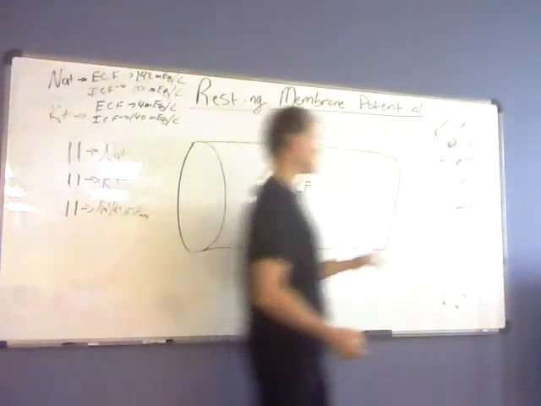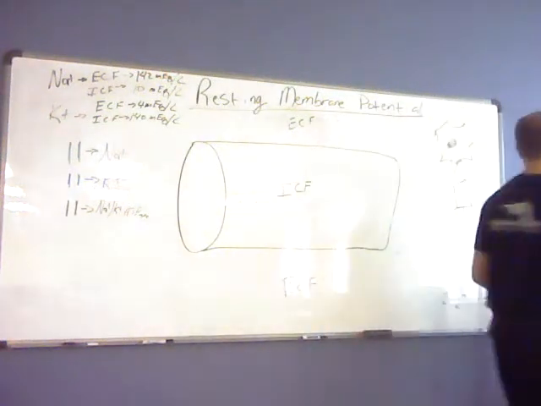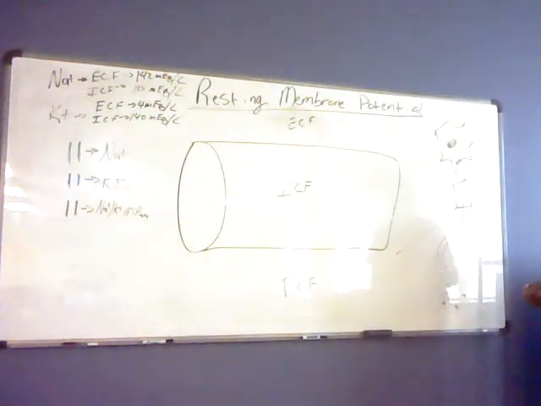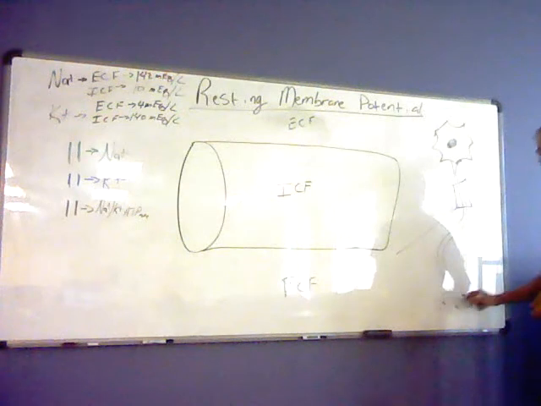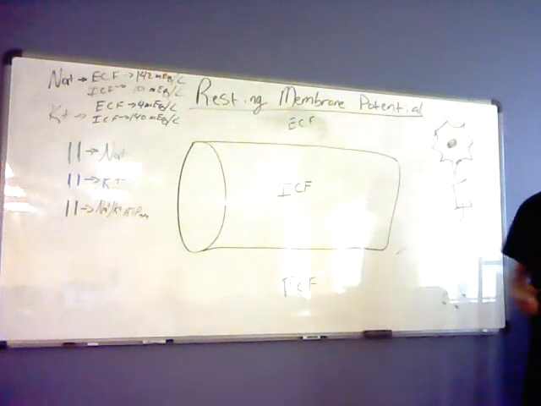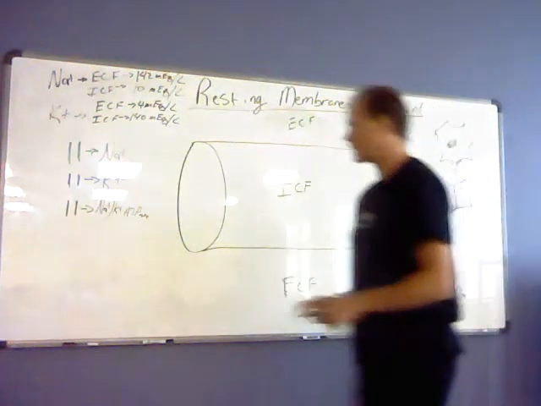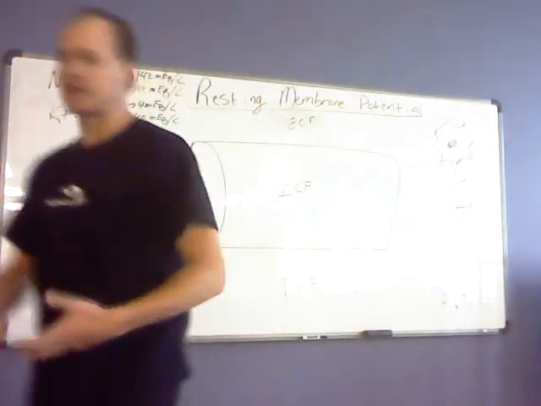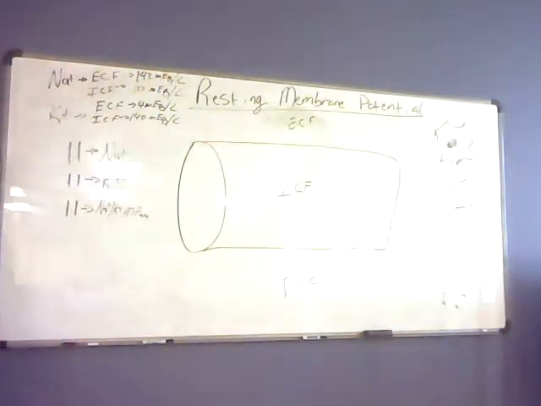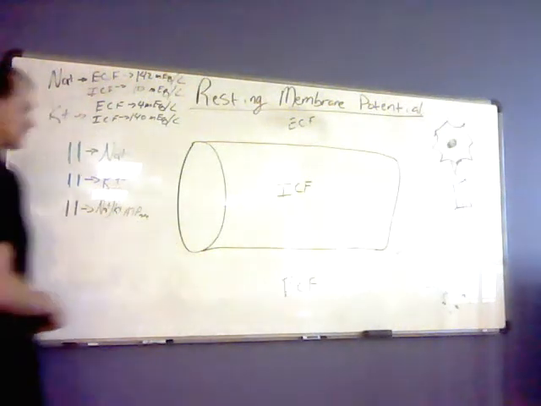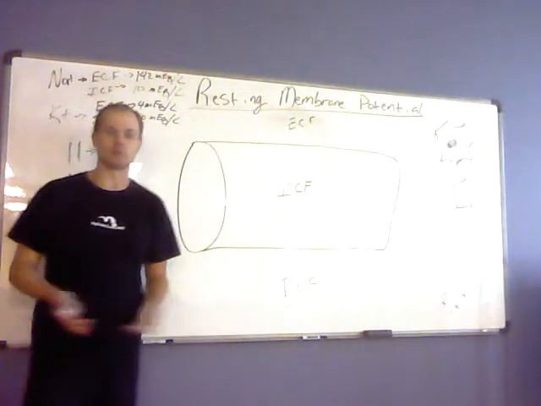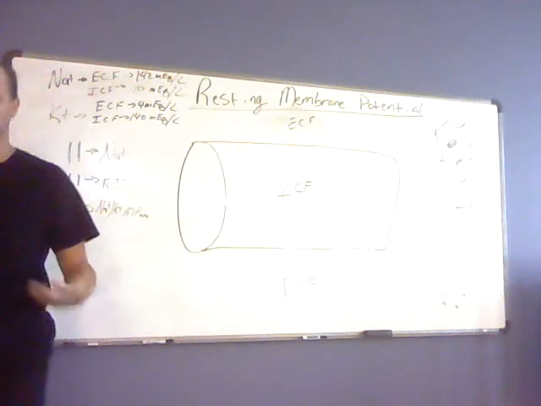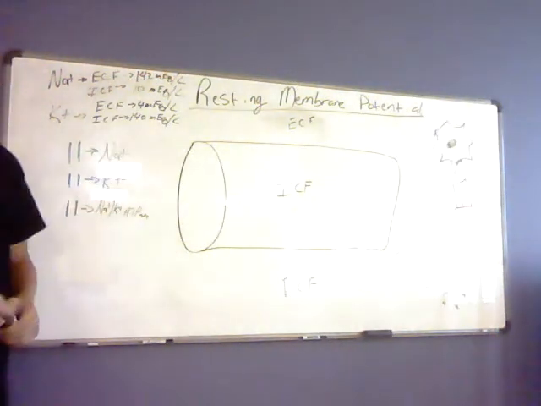Nerves send electrical impulses down their axons that stimulate the release of neurotransmitters. Okay, muscles contract when you irritate or excite them. Now, all the other cells in the body, like I said, they have a resting membrane potential, but really the purpose of it isn't clear. It's just there. We really don't know exactly why, but it's just created by the concepts that we're going to talk about in a little bit.